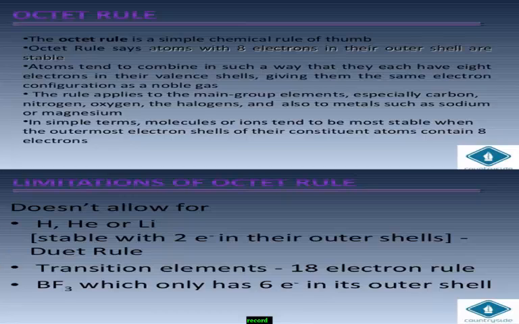This octet rule is not applicable for transition elements because they follow the 18 electron rule. Boron trifluoride has only 6 electrons in its outer shell. Therefore, this octet rule is not applied to the molecule of boron trifluoride.